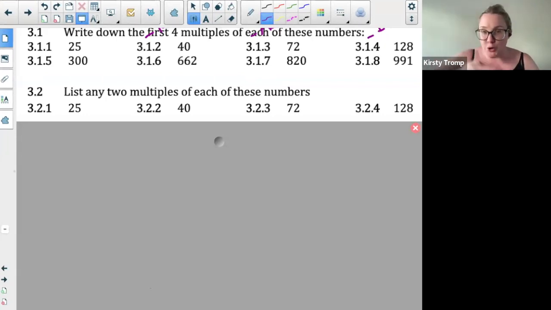In this question, it's saying list any multiple. Pick your choice. Any multiple that you want, you can select. Can you see that there's a difference here? Can you pick the first 2 multiples? Of course you can. Is there anything wrong with picking the first 2 multiples?